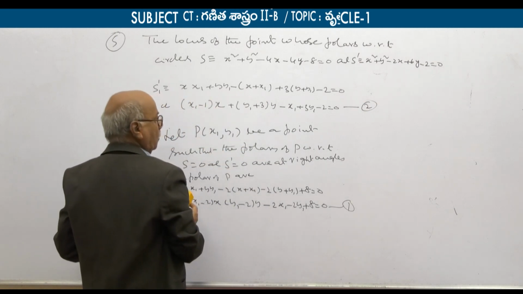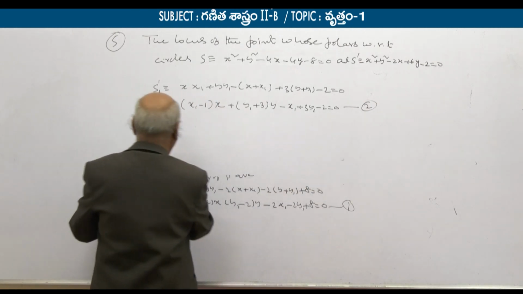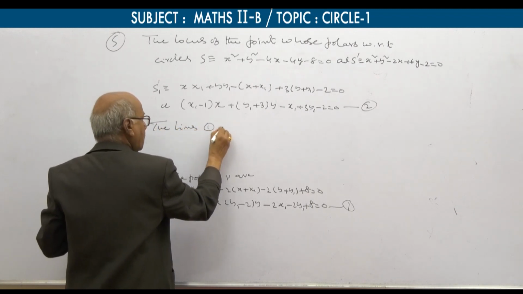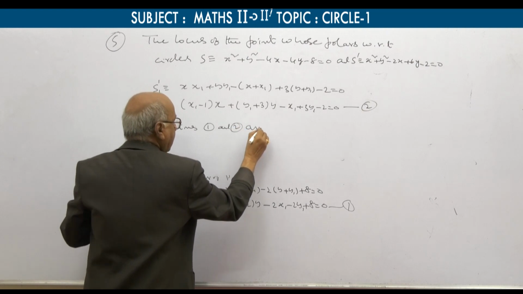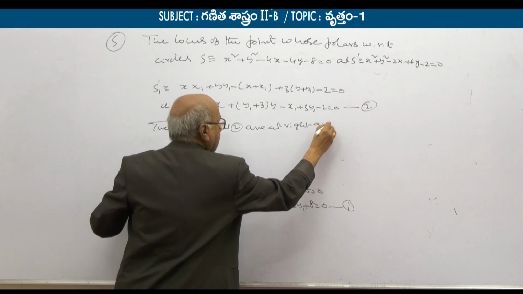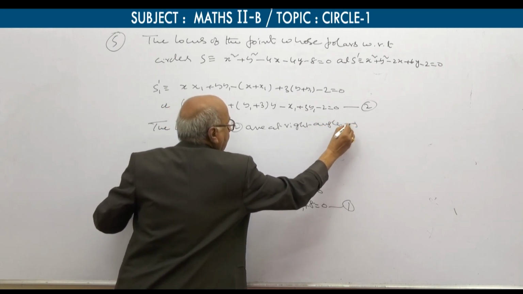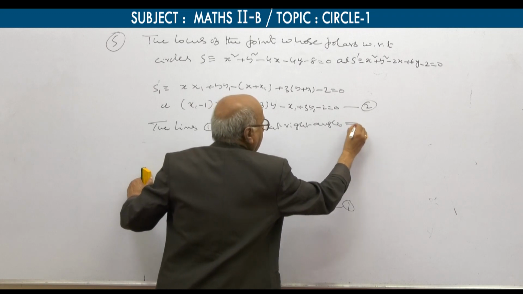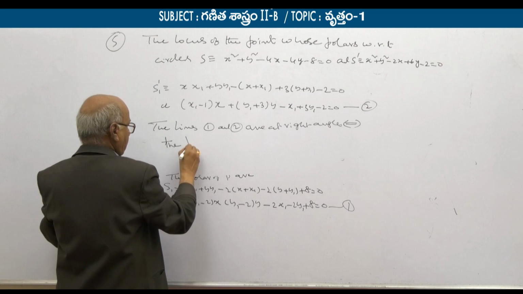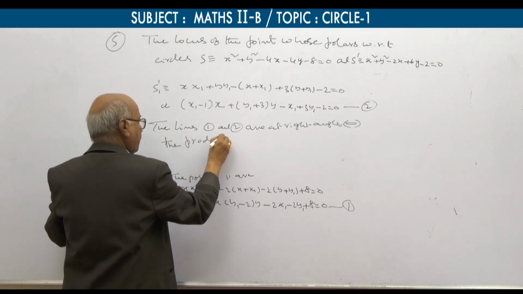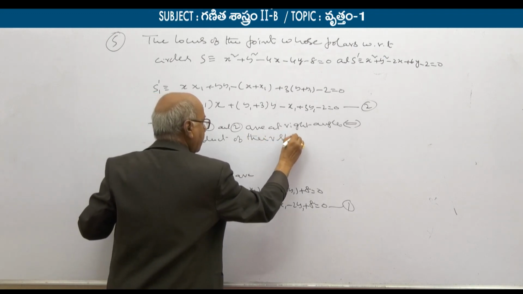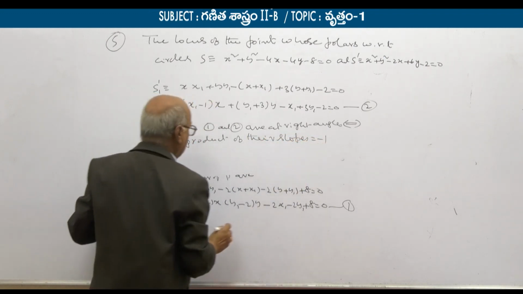Number 2. Now, by hypothesis, the lines 1 and 2 are at right angles if and only if the product of their slopes is equal to minus 1.